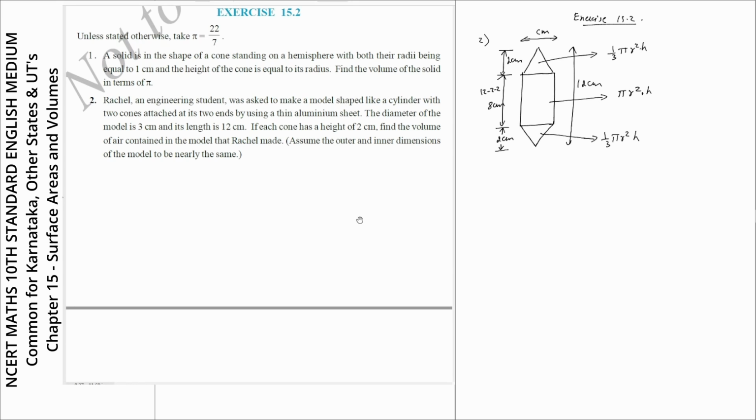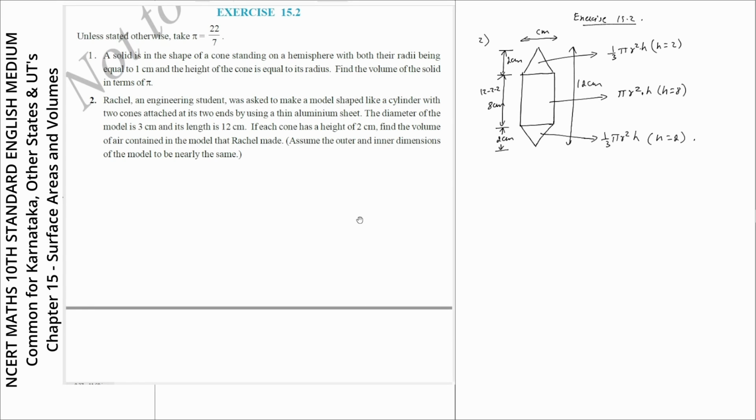So here h is 8 cm. In the cone h is equal to 2, and here h is equal to 8, and here h is equal to 2 again.